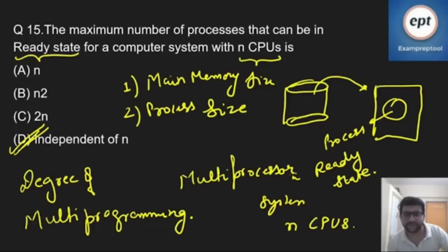So that is why it is independent of n, the answer will be D. So just remember what is degree of multi-programming, and what factors it depends on. The takeaways from this question are these 2 points, right?